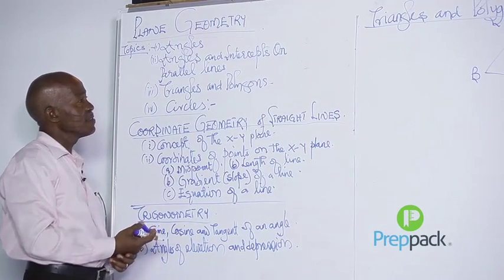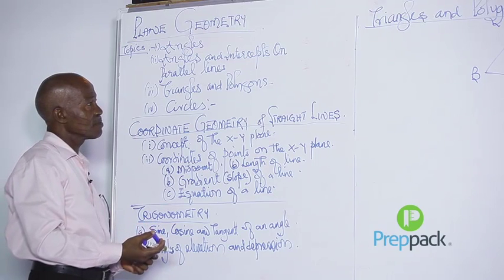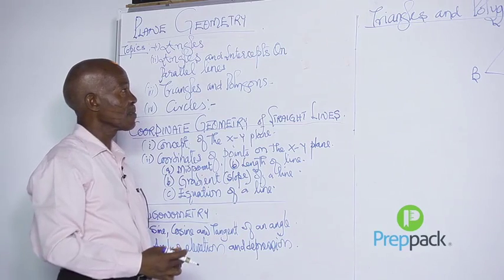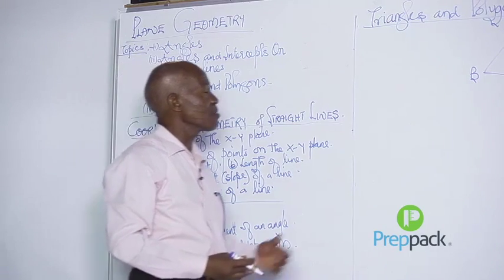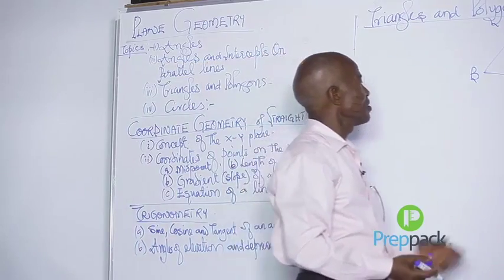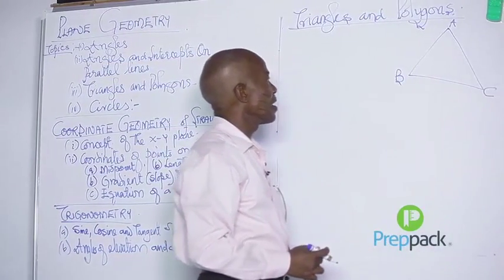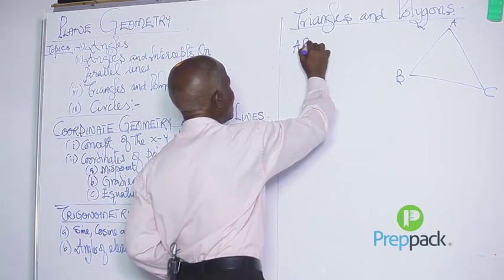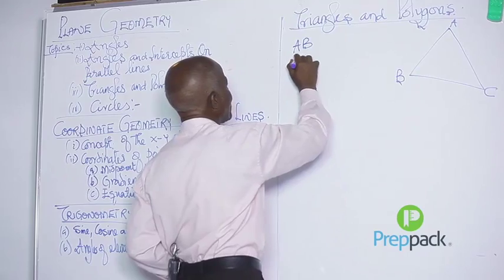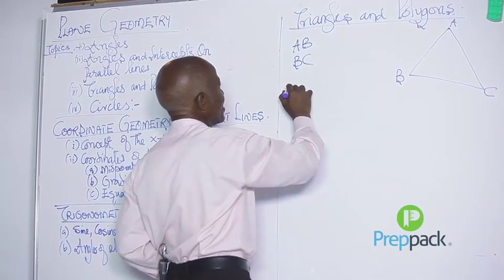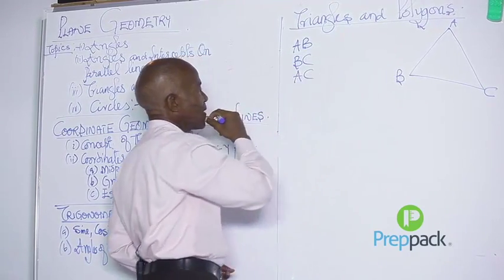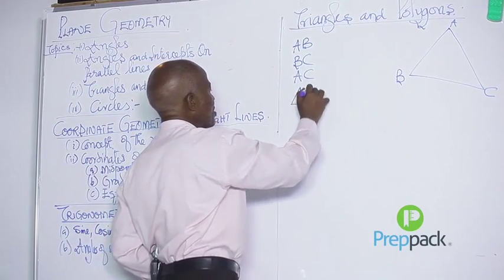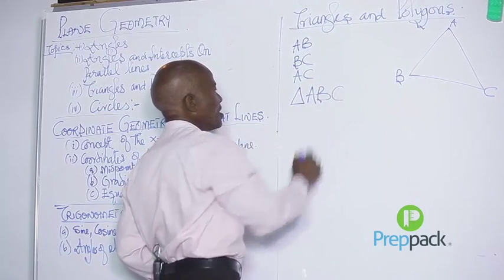We have different types of triangles with different properties. A triangle is made up of 3 sides and 3 angles. Naming of the sides, we have side AB, we have side BC, and we have side AC. So the triangle there could be named like this, triangle ABC.